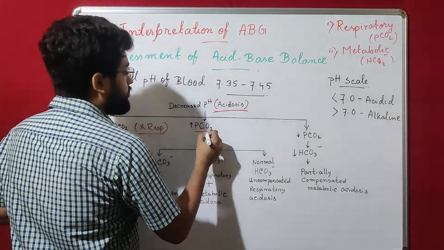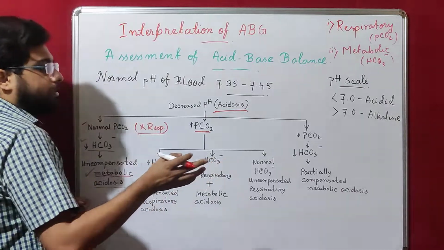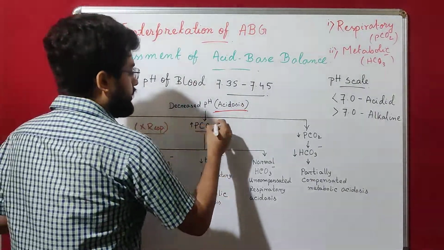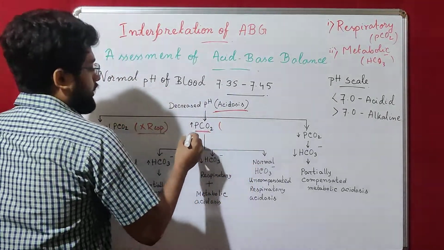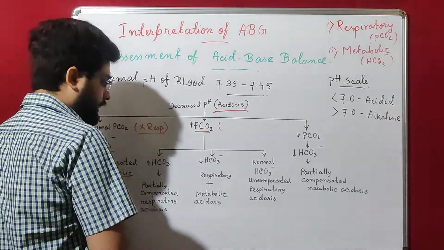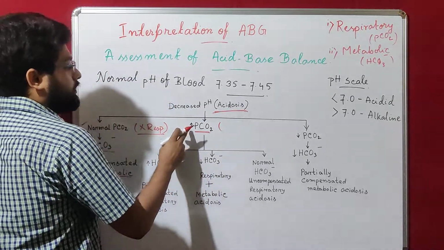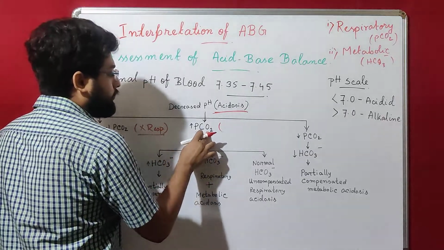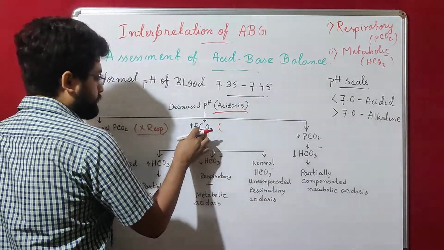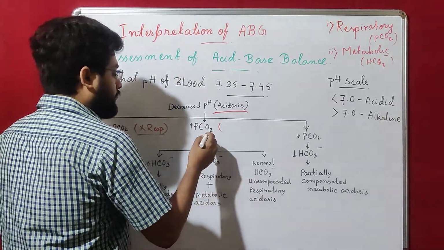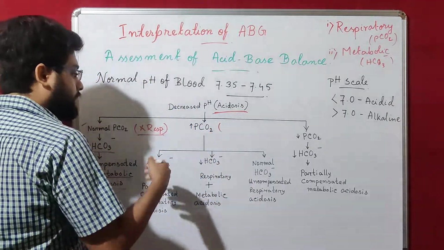When PCO2 is increased, there will be an increased amount of hydrogen ion, that is cation, in the solution, so the solution will be acidic. As I have already mentioned, if acidosis or alkalosis is caused by some fluctuation in the level of PCO2, then we call it respiratory acidosis.